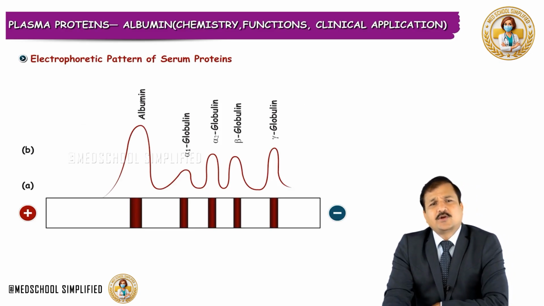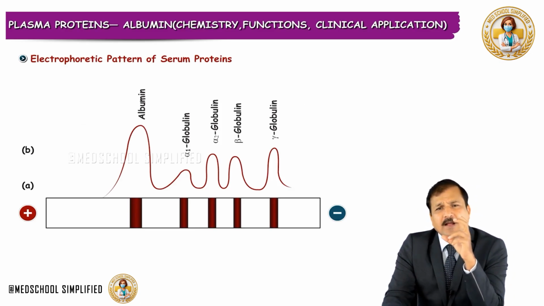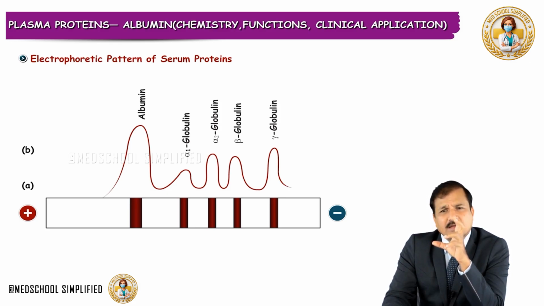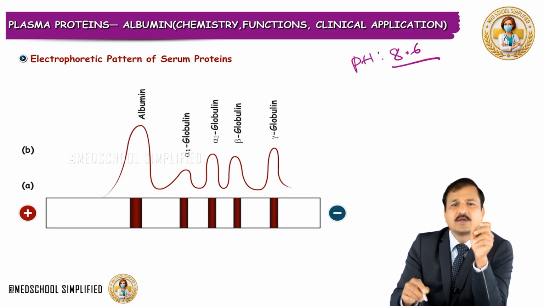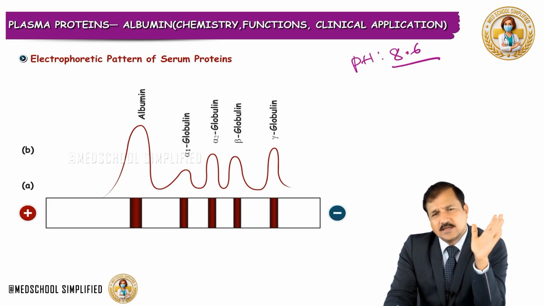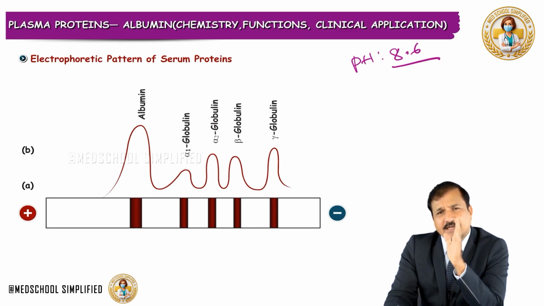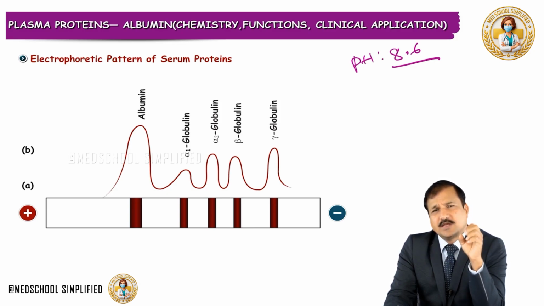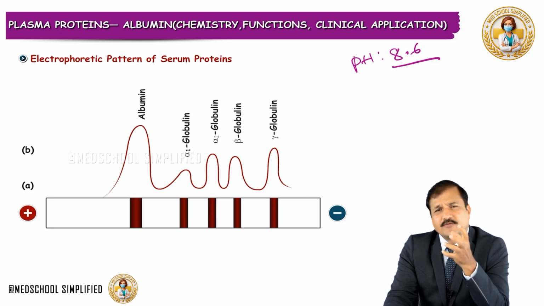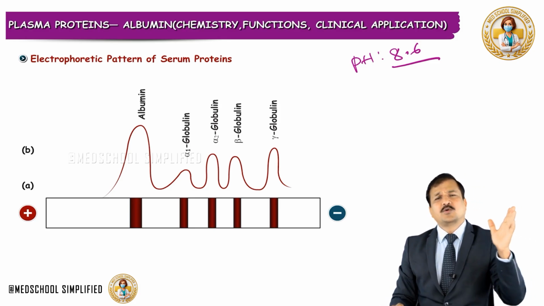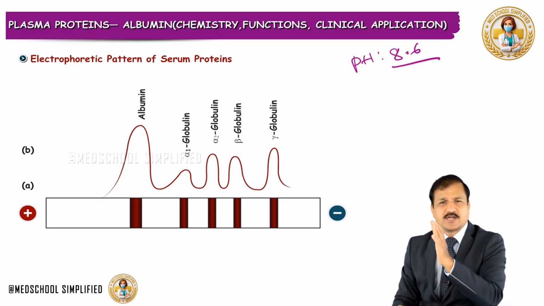In electrophoresis, paper or agar gel electrophoresis is used, with a barbiturate buffer having a pH of 8.6, and it gives a separation of plasma proteins based on their size and charge. When a pH like 8.6 is used, most of the deprotonation occurs over the polar side chains of amino acids, and in their deprotonated forms they are anions, and based on the number of anions present in these proteins, they move towards the anode, which is the positively charged electrode.